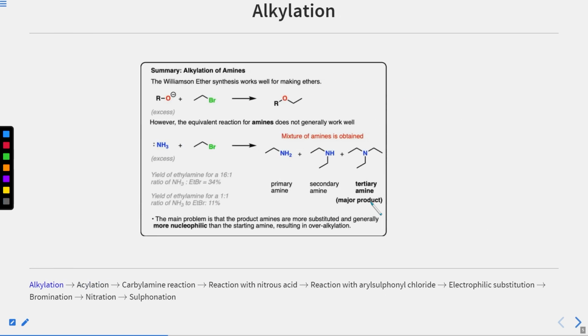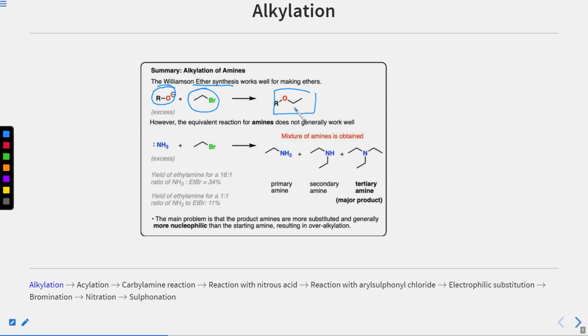First, let us start with alkylation. How do we do the alkylation? We have seen a similar alkylation process termed the Williamson ether synthesis. We take an alcohol, deprotonate it with the help of a base, and then treat it with a haloalkane, that is an alkyl halide here, and then we get an ether.